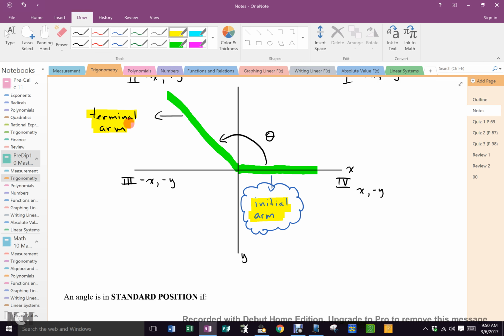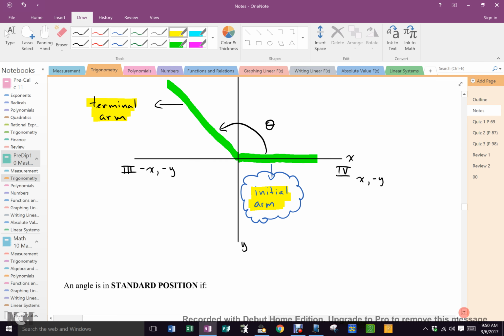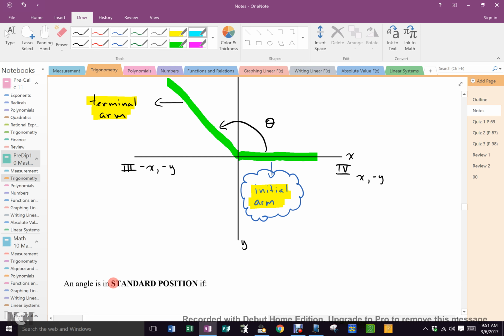All right. Now, the next piece of vocabulary is this word right here. An angle is in standard position if the vertex, what's the vertex of an angle? The corner. If the vertex is at 0, 0, right there, is our vertex at 0, 0? Boom, boom. Is the corner right at 0, 0?